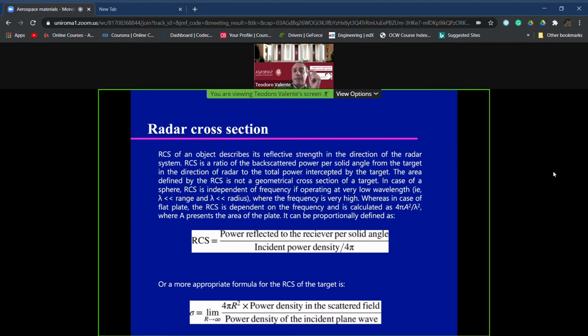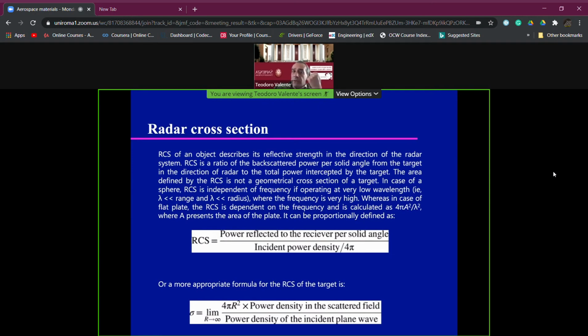And it is a ratio of the backscattered power per solid angle, that is what is coming back in the direction of the receiver from the target, that is of the radar, to the total power which is impinging on the target, which is intercepted by the target.